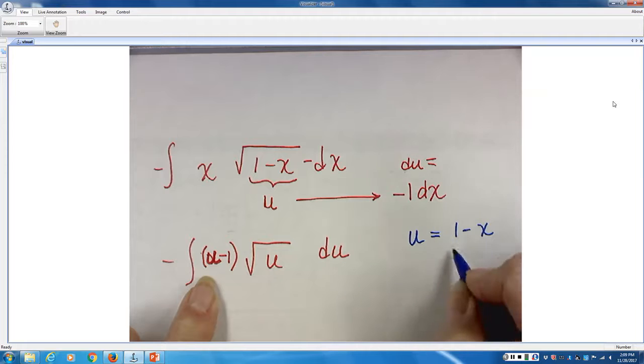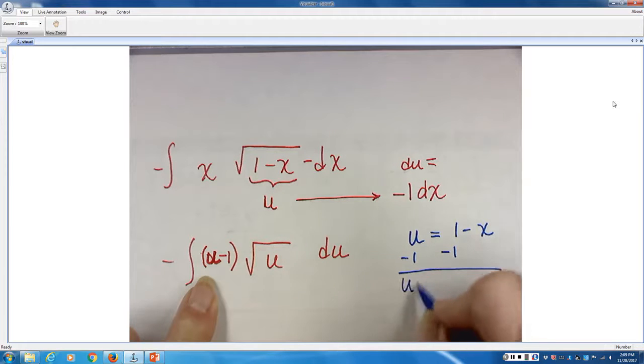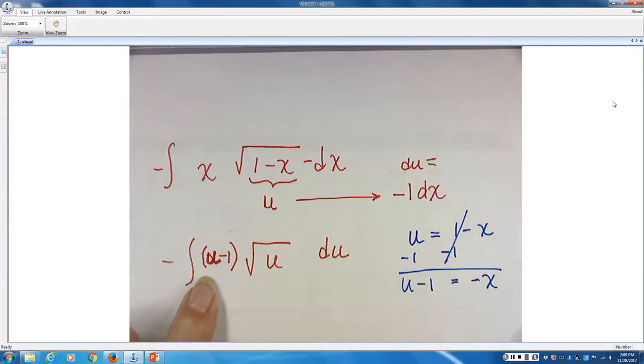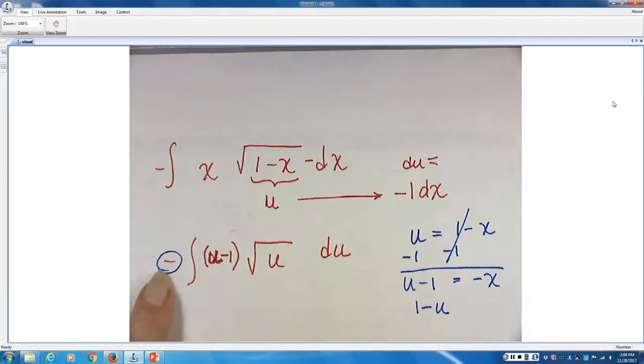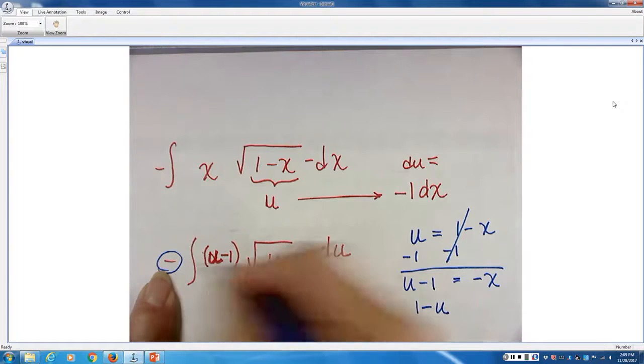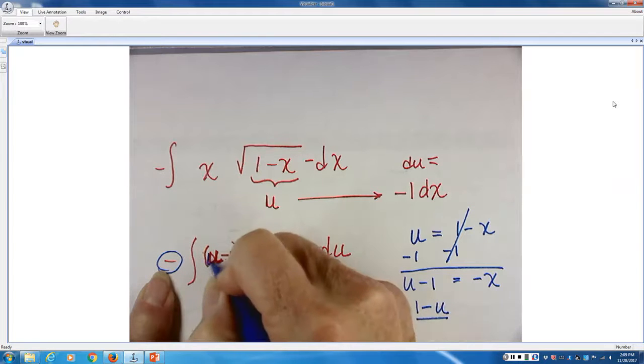So if you do that, then you subtract 1 from both sides, and you have u minus 1 is equal to negative x, but that sign is turned around the wrong way. That's negative x. So we have to turn it back around into 1 minus u, but it turns back into u minus 1 because we have this negative out front we can get rid of now, because negative 1 times 1 minus u gives us back u minus 1.